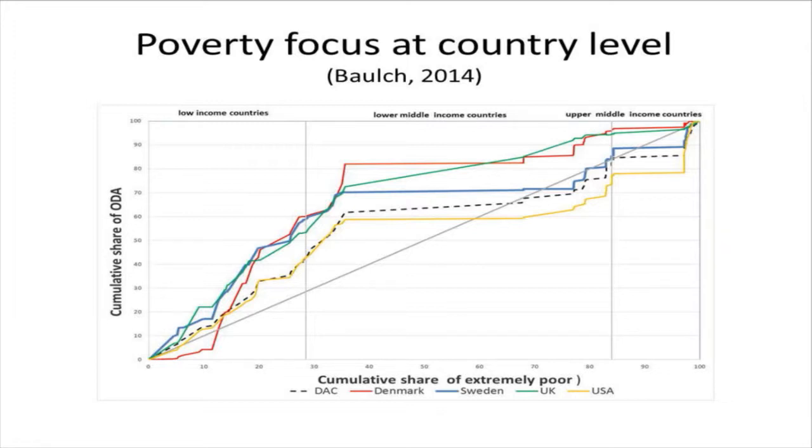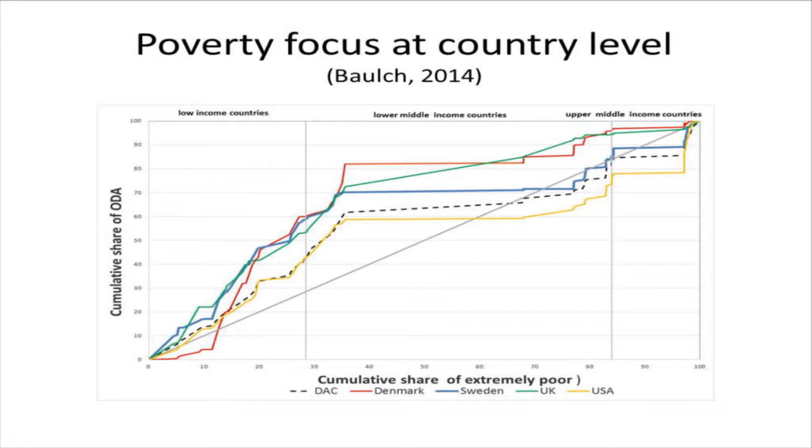You have the poorest countries, low-income countries, lower middle income and upper middle income countries, and the share of poor people living in DRC would be to the left, the poorest country to the left of this x-axis. Then the share of the next country, adding up to all those living under $1.25 a day in these countries.